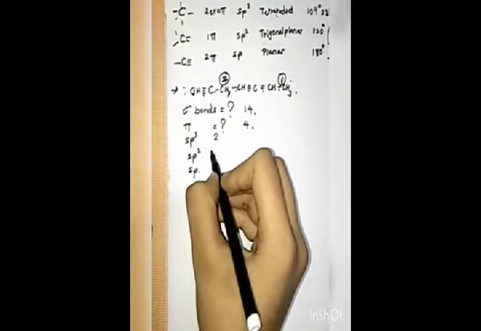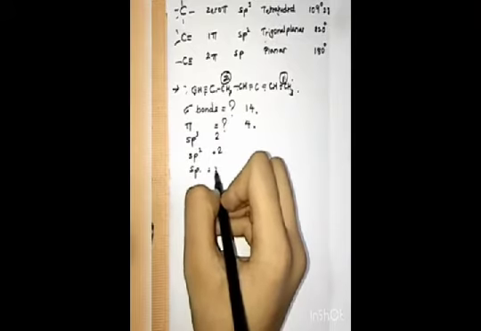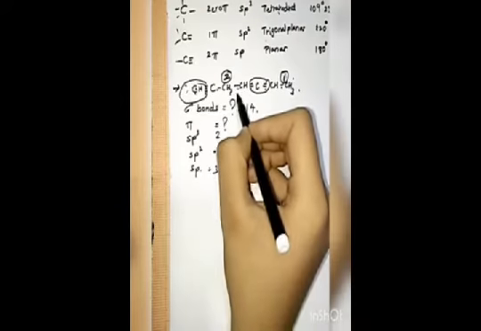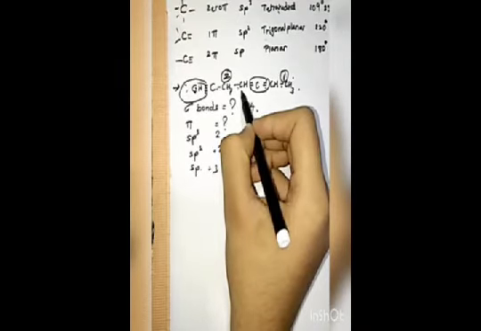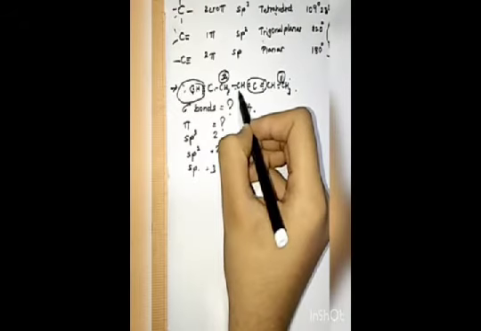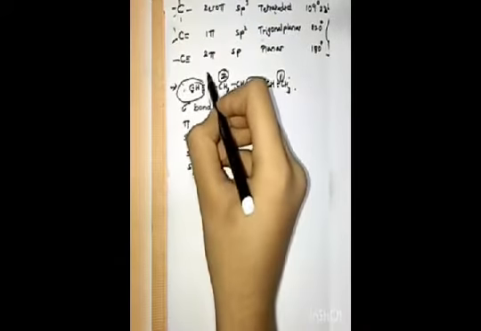Similarly, if someone asks about the sp2 carbons, there are two in number, and sp is 3. The three are 1, 2, and this one, 3, the third one over here.